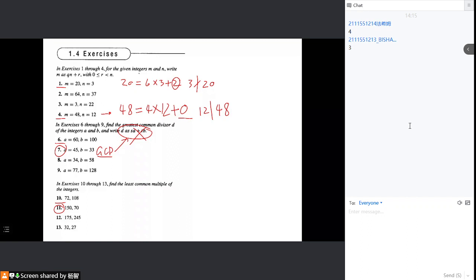Please give me your answer. Exercise 7 and 11. I give you another minute.